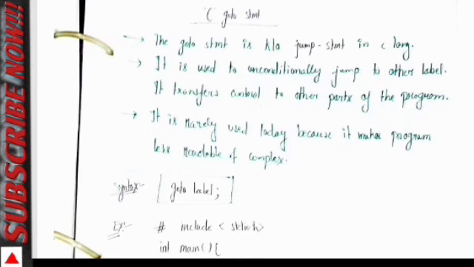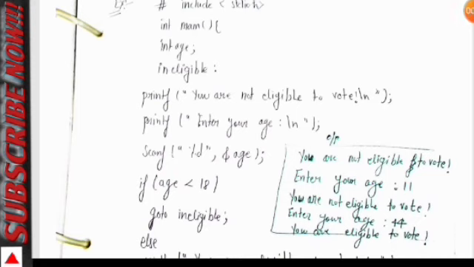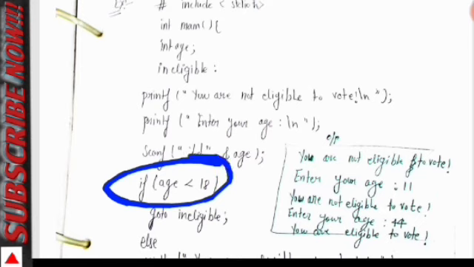Now come to the example. Here we decide on the basis of this example the voting criteria of a voter. So if the age is less than 18, then we say directly you are not eligible for vote, else you are eligible for vote.